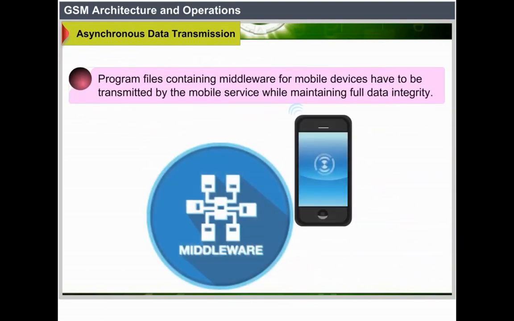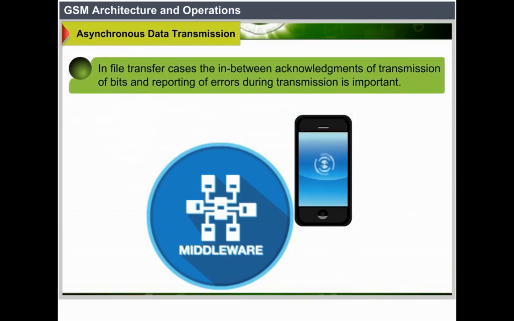Program files containing middleware for mobile devices have to be transmitted by the mobile service while maintaining full data integrity. In file transfer cases, the in-between acknowledgements of transmission of bits and reporting of errors during transmission are important.